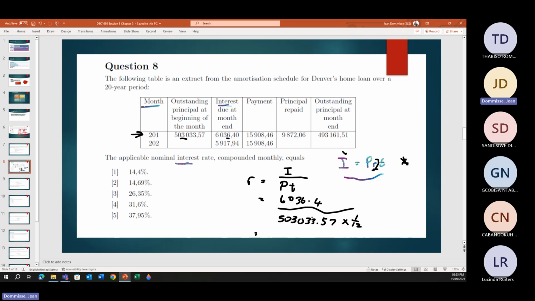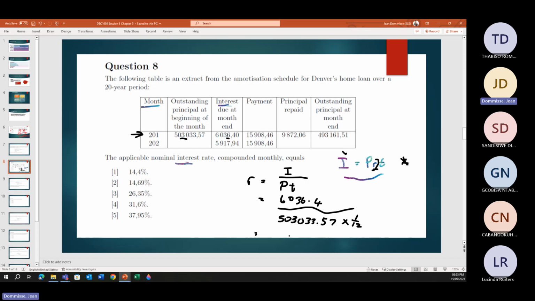So then with calculating this, I am supposed to get my interest rate. Let's quickly do that. If I say 6036.4 divided by 503,033.57 times 1 divided by 12.